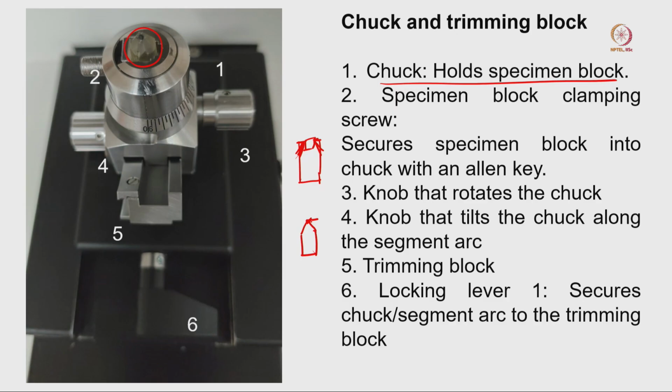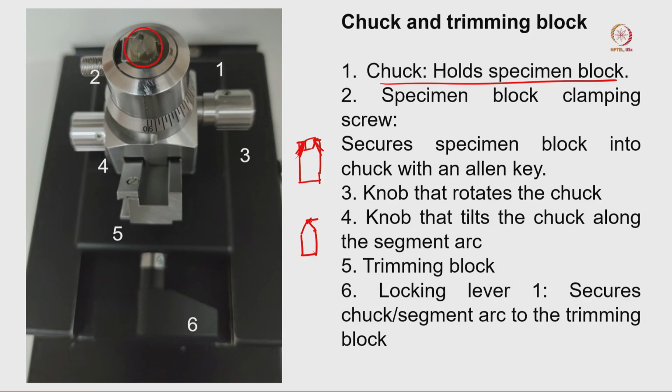Similarly, there are some other parts for holding and tightening that tissue, and then fixing the entire setup in one particular position. It will help us cut the sample properly. If you go through them one by one, there is the knob that rotates the sample, and the knob that tilts it along with the segment arc.